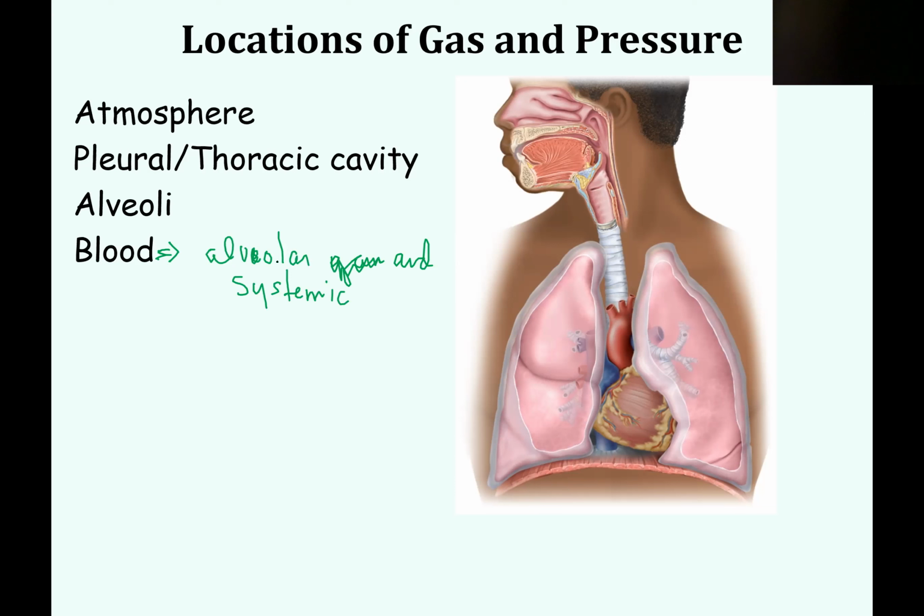There are two gas exchanges because you have blood in the pulmonary circuit and you have blood in the systemic circuit. So you're going to have two ways to alter the blood gas pressure and the gas volumes.